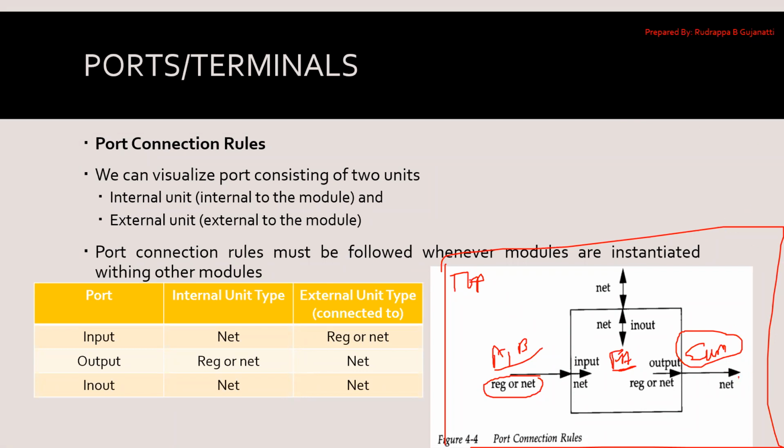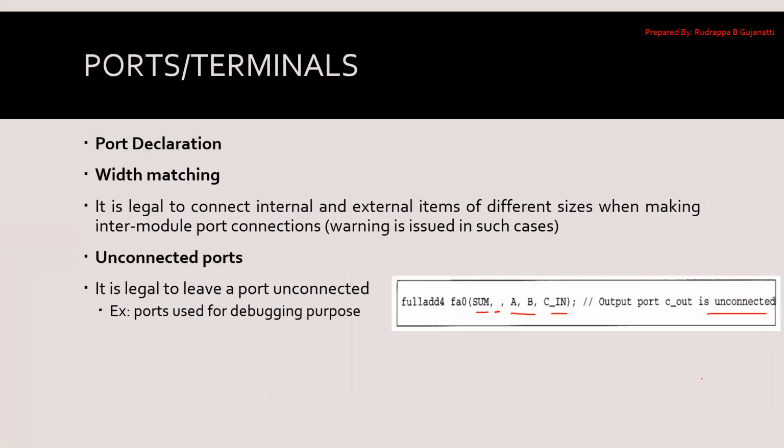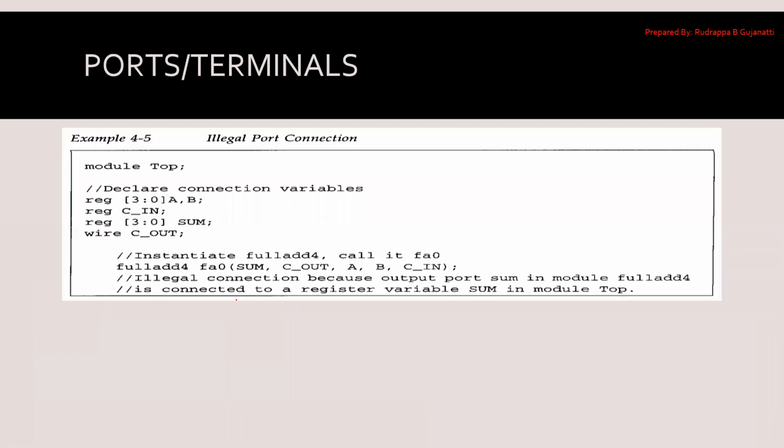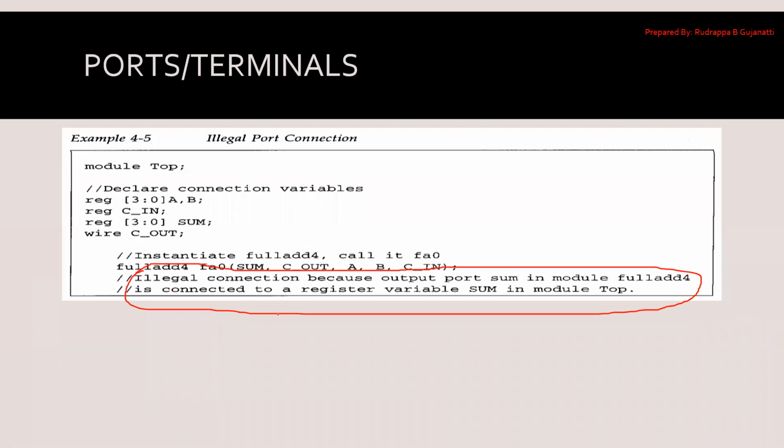Since this one is there, it can be only net data type. It cannot be reg data type. Even Cout was declared as a net data type, that is wire. That is what you can observe from this example. This is what they have specified in this statement. So this is the problem. Any queries here?